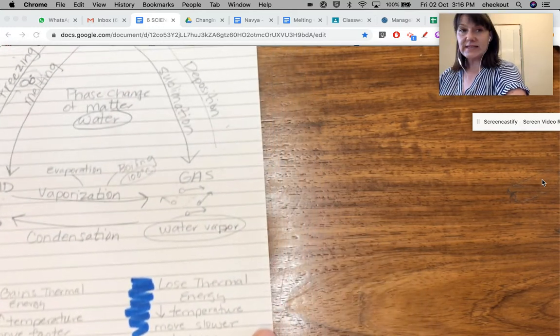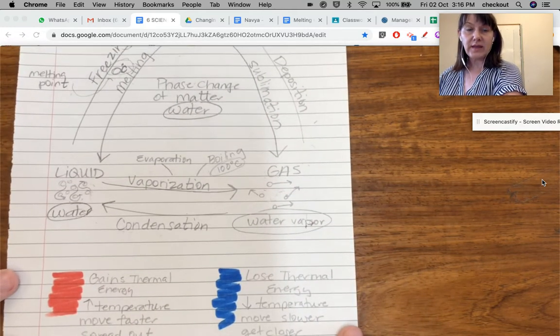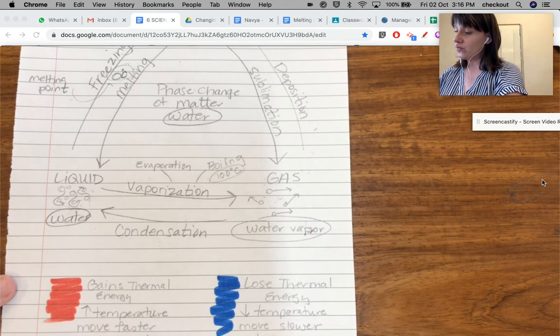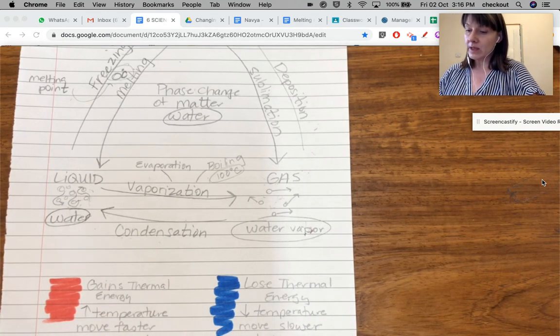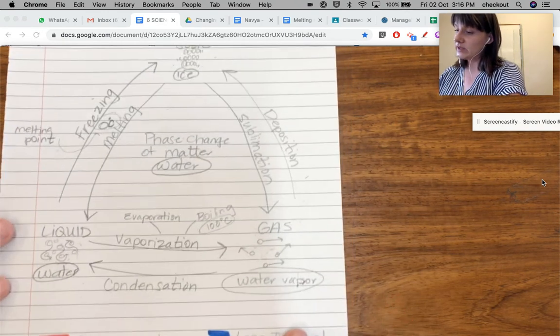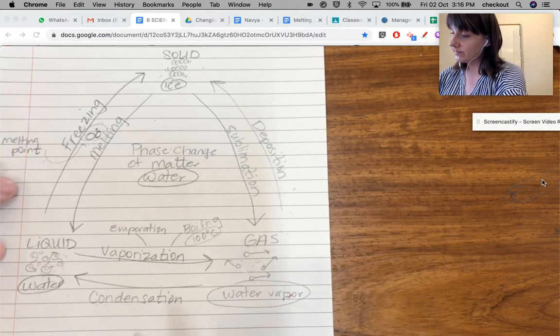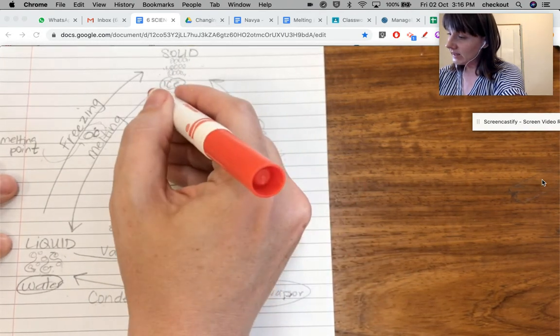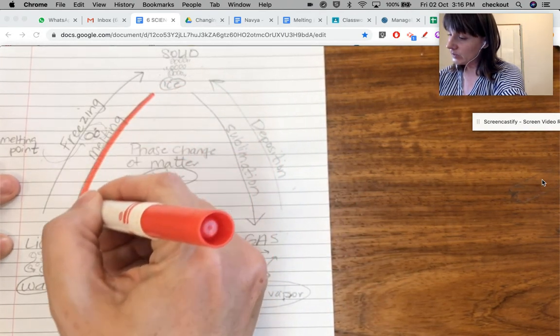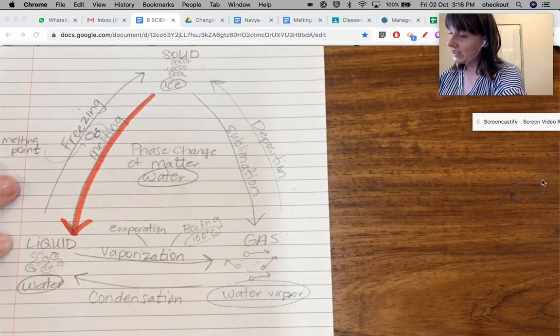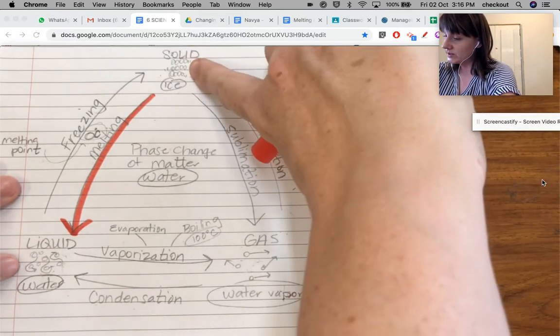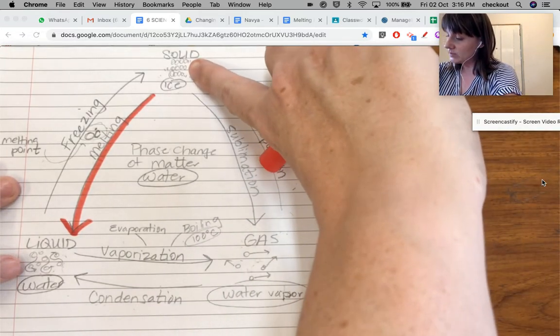All right, so let's identify which of these arrows should be red or blue. So freezing and melting. Which one of these is an example of a gaining of thermal energy? If a solid melts into a liquid, it is gaining thermal energy. You can see from the pictures that it's more spread out.